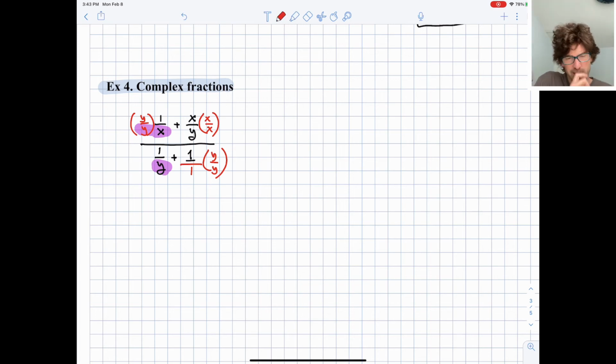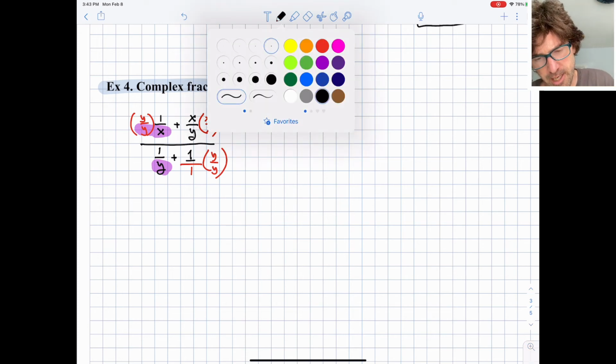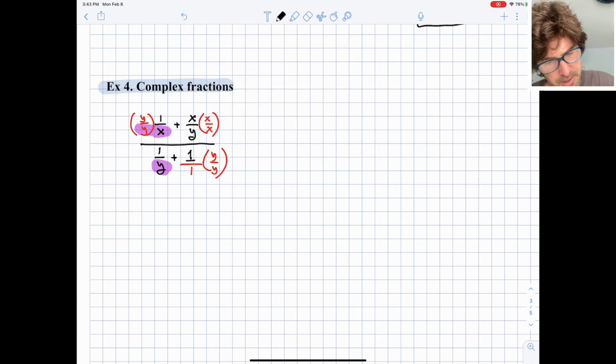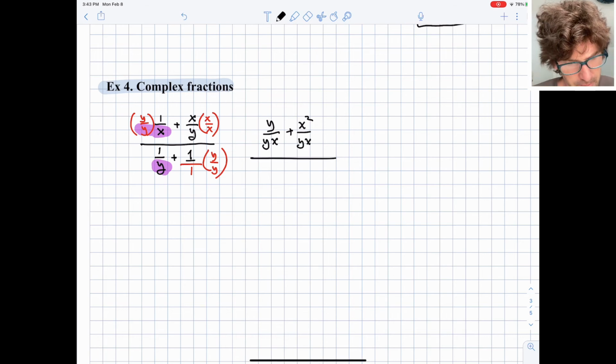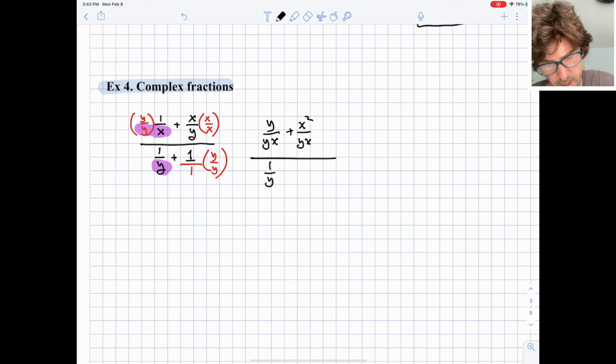And then we'll do some work after that to do the overall division, but we're just working separately in the top and the bottom of this fraction. So we have a y over yx plus x squared over yx up top, and down below we have a 1 over y plus y over y.